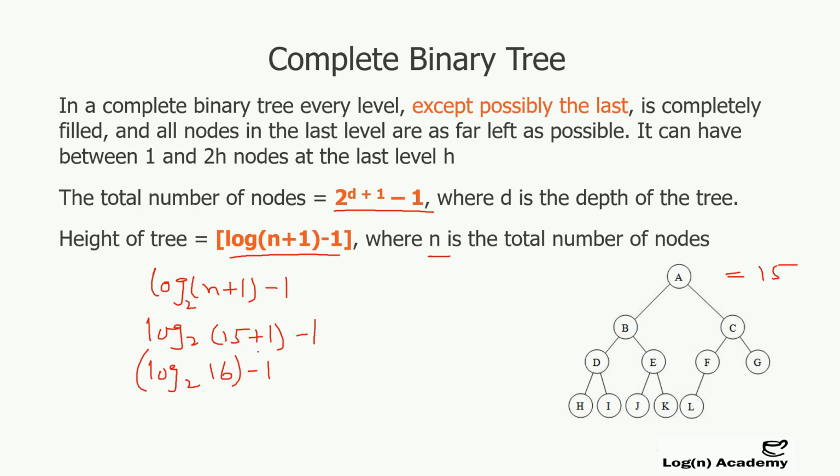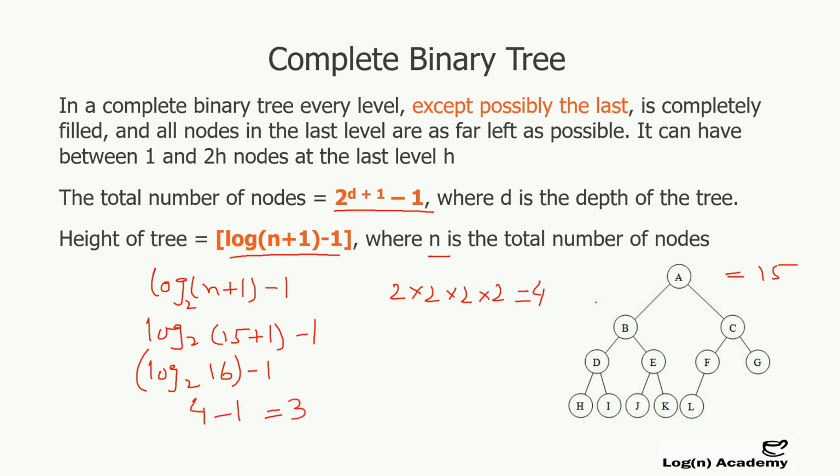We multiply to see how many times we can get to 16. 2 into 2 is 4, 4 to the 8, 8 to the 16. So when we count the total number of 2's, we get 1, 2, 3, and 4. Total count is 4. So the answer is 4 minus 1, which equals 3.